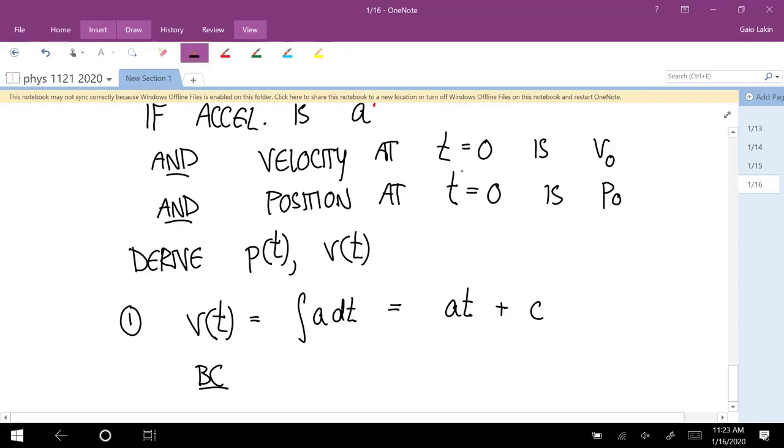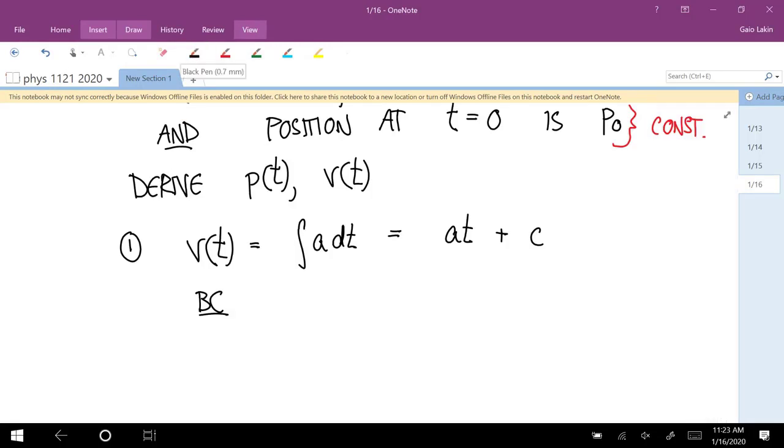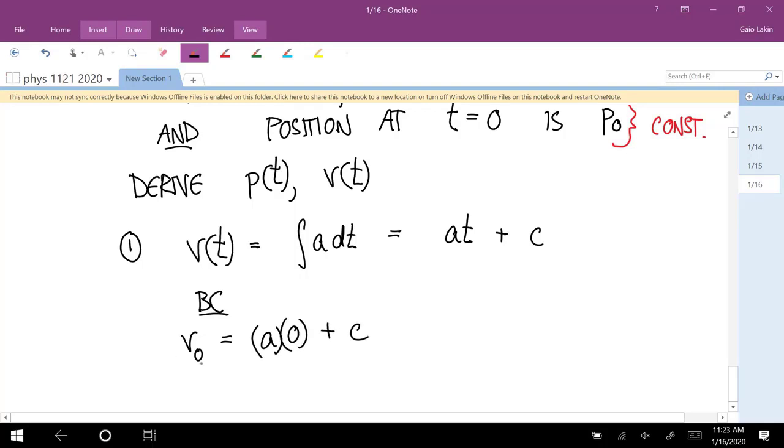We know that if you plug t equals 0 into this equation for v, then v is this constant v0. These are both constants too. So when t is equal to 0, v is equal to v0, so we have this equation.